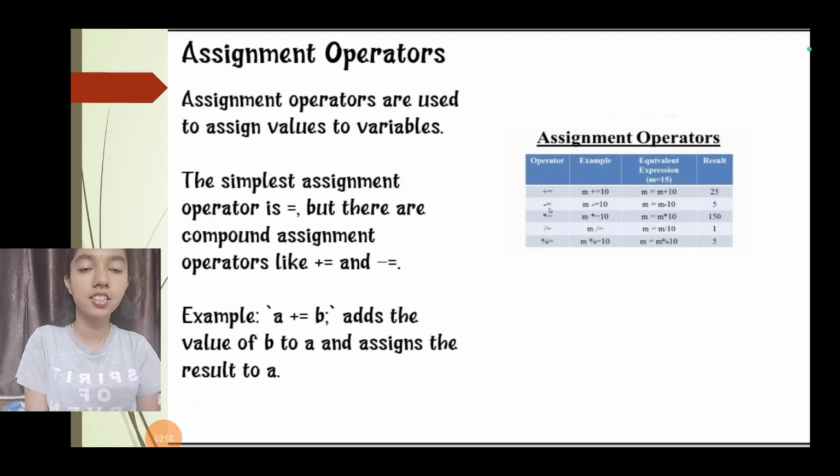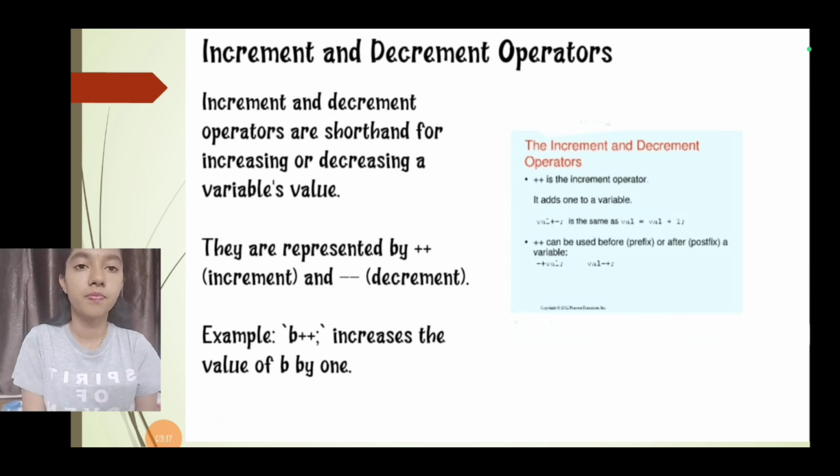Assignment operators. Assignment operators are used to assign values to variables. The simplest assignment operator is equal to, but there are compound assignment operators like plus equal to and minus equal to. Example, A plus equal to B adds the value of B to A and assigns the result to A. Increment and decrement operators.